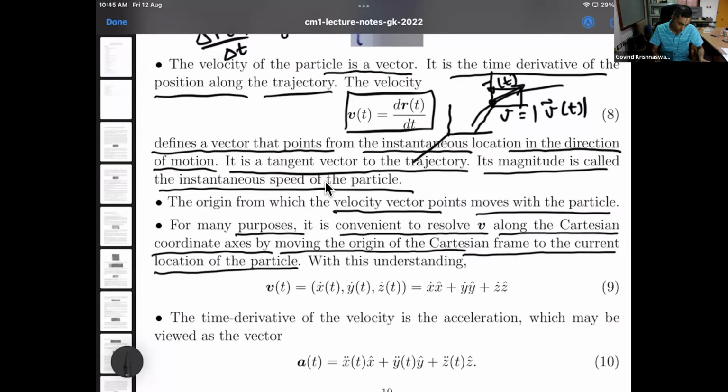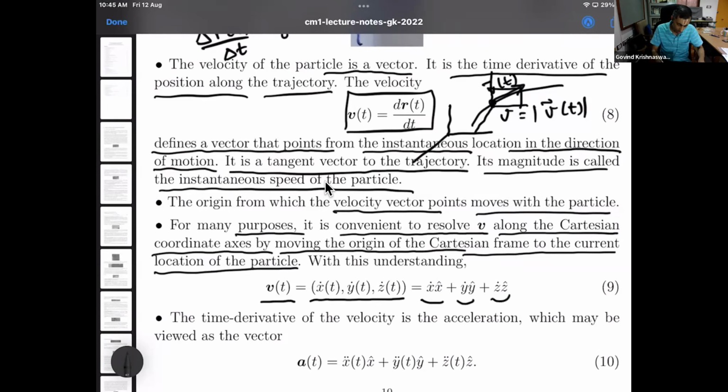And that is very convenient for our calculations and visualization. Yeah, so what we were saying is that with this understanding, the velocity vector may be written as an ordered triple of components x dot, y dot, and z dot. Yeah, each of course at that time t, and also written in vector notation as x dot x hat plus y dot y hat plus z dot z hat.